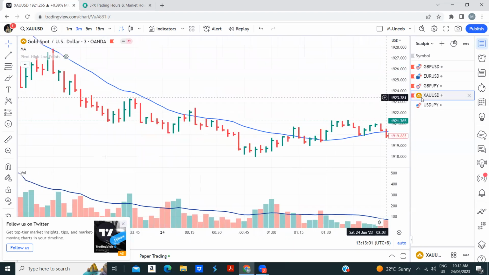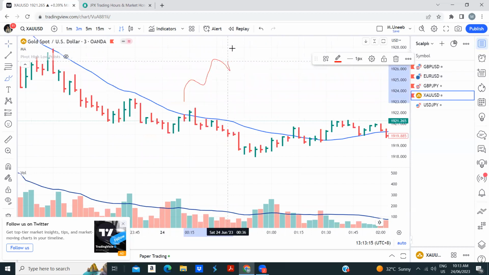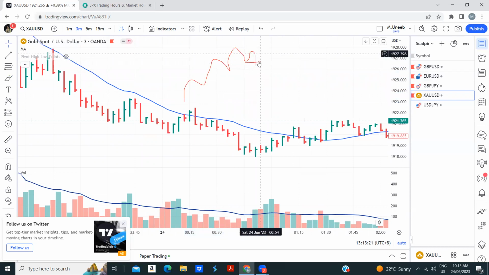So basically, a hidden spring is like when the price is going up, and then there is some kind of retracement, and during the retracement you see a hidden spring level suddenly.